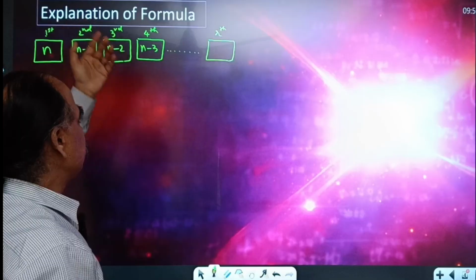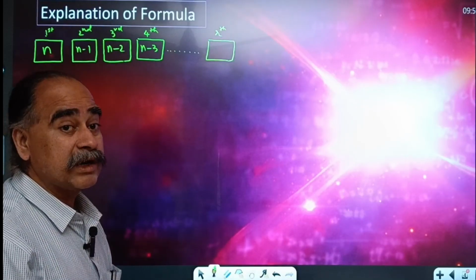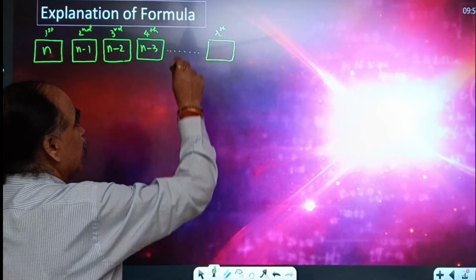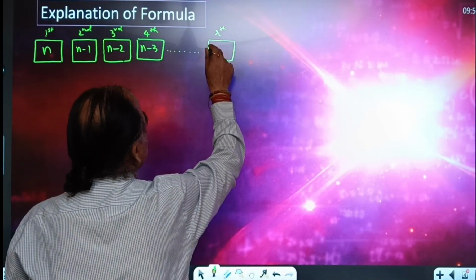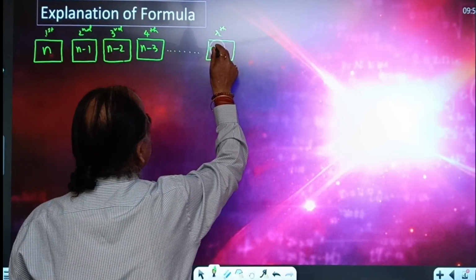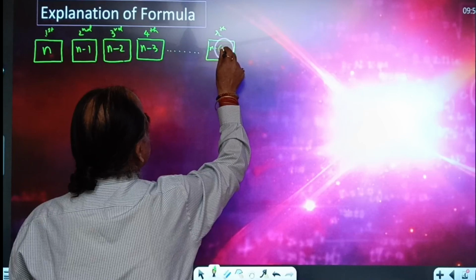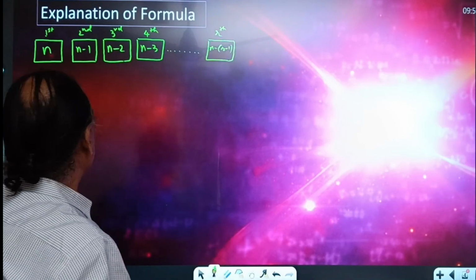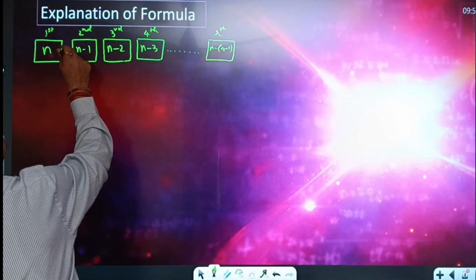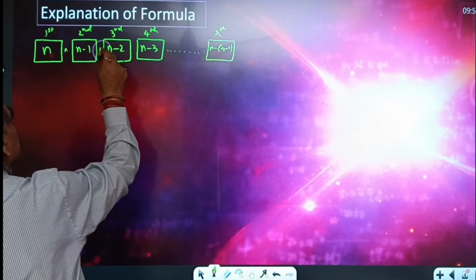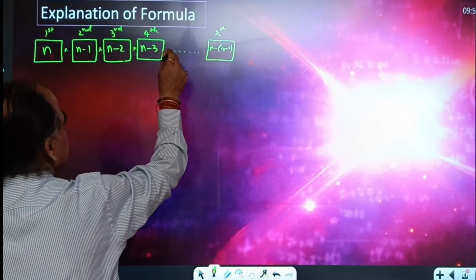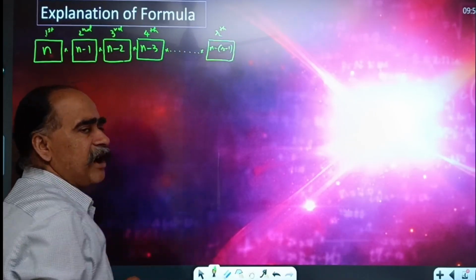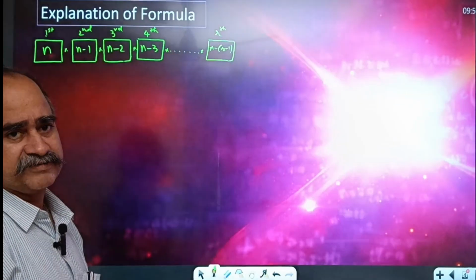The subtracted number is 1 less than the particular position, so for the rth person it is n minus (r minus 1). Multiplying them gives the total number of arrangements of r persons out of n persons.